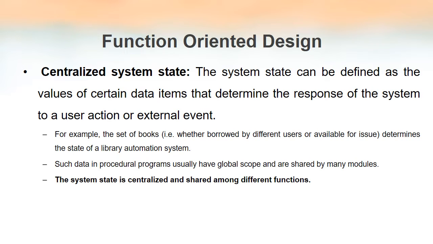For example, consider a library automation system. There may be so many functions for that library automation system. Regardless of the functions or the options we have in that software, it is the set of books that determines in which state that system is at present.